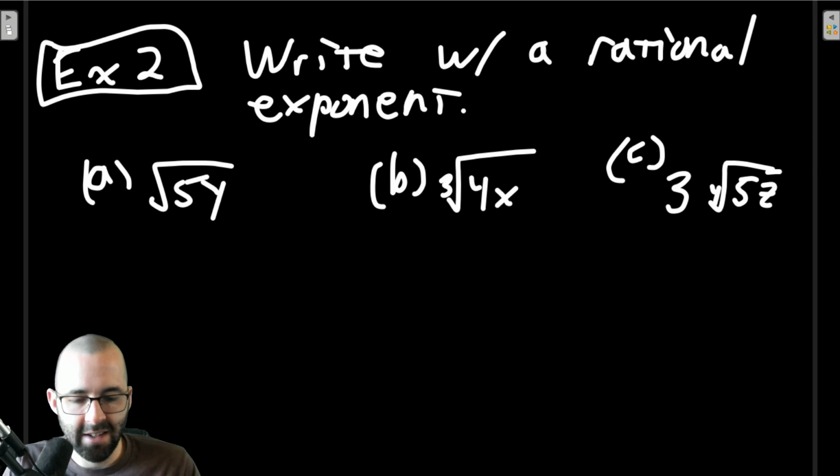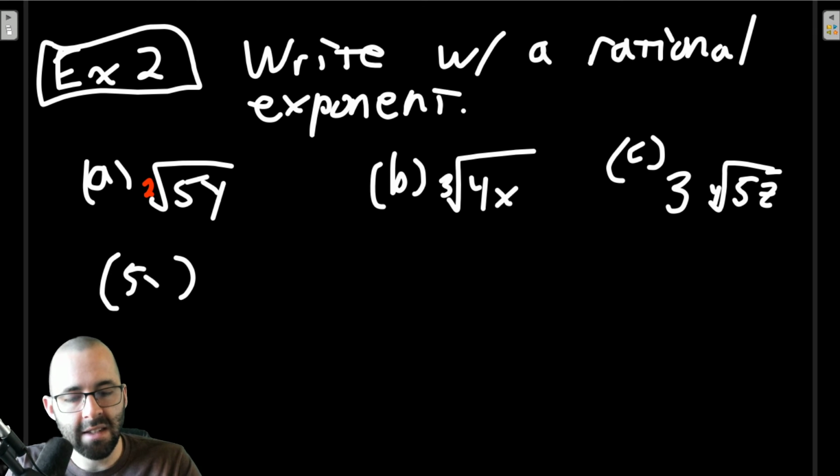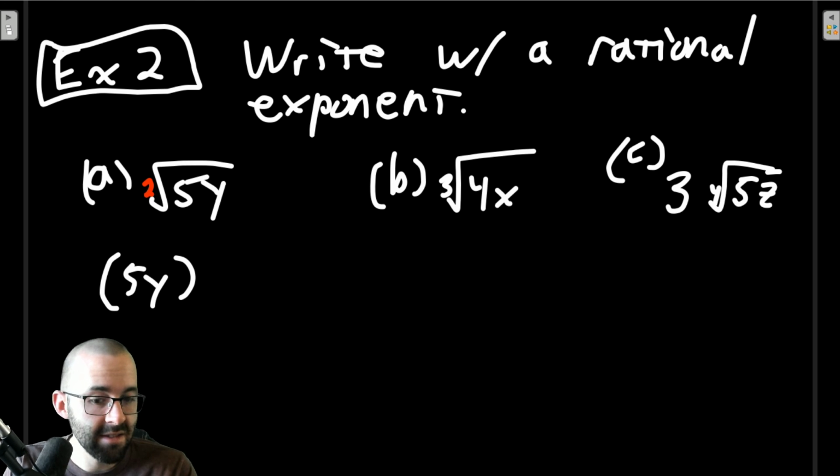Anyway, what we have here, we just go backwards, right? We identify the index. The index here is 2. We don't usually write the 2, but there is an index. So the 5y, that's inside the radical. The 5y will be inside parentheses. Inside radical, inside parentheses. Okay.